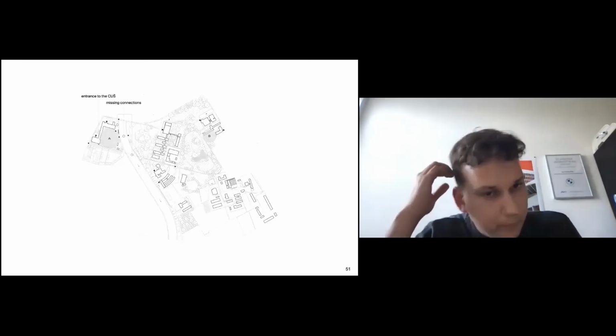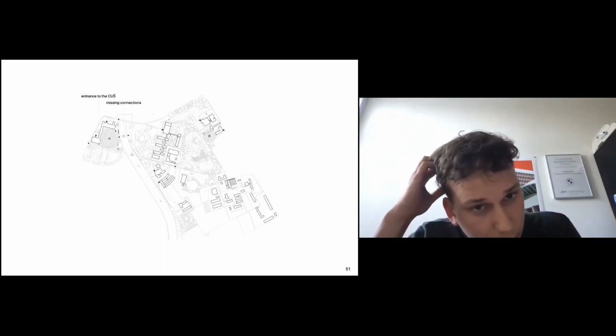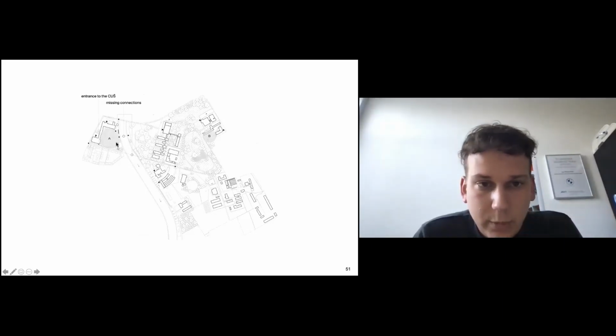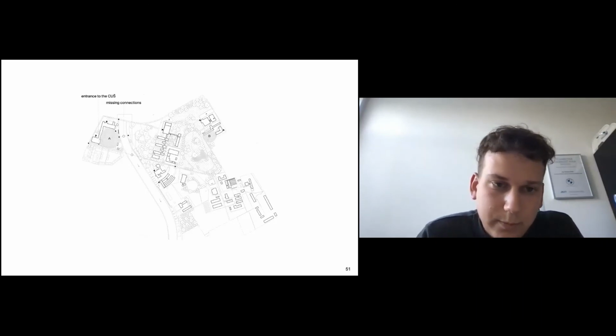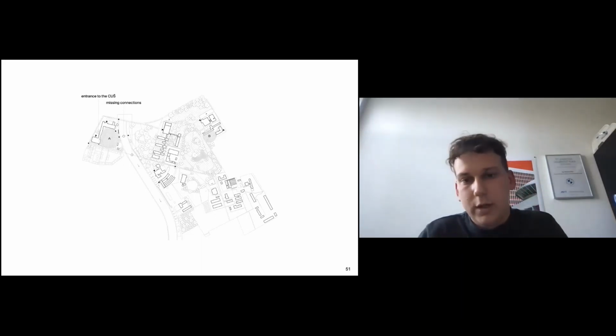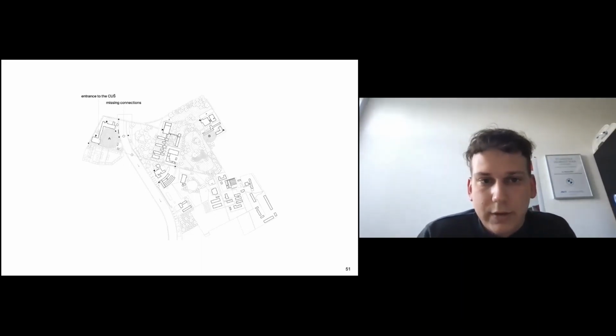Here we pointed out some missing connections between those areas and the university campus, because between those places flows the river, or shapes the river. So we designed some connections, bridges, and tried to allocate the entrances.